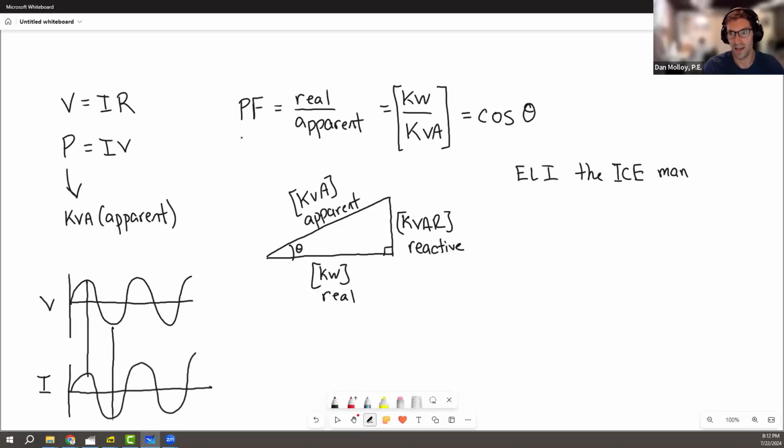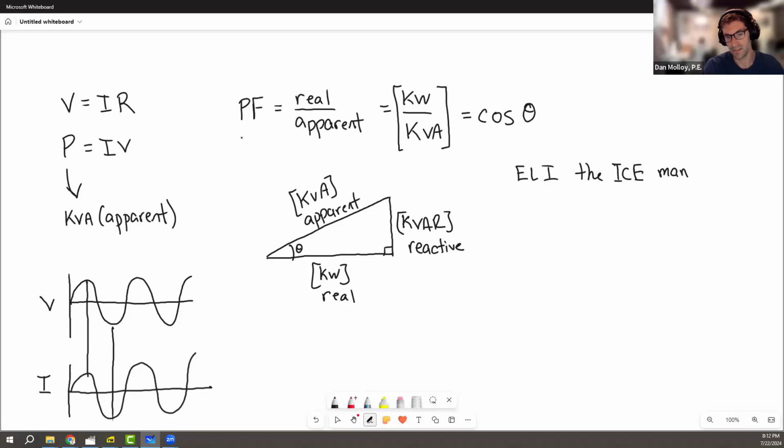So Eli, you have voltage comes before the current. So voltage leads current in an inductive circuit. And ICE, you have the current leads the voltage in a capacitive circuit.